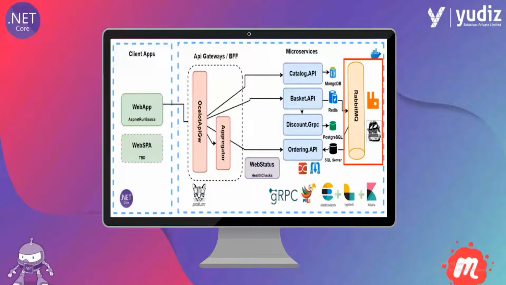From the image you can see we have an e-shop application, but we have different functionalities like catalog, basket APIs, discount, and ordering APIs. So we separate all our functionalities into different microservices, and they communicate with each other using lightweight protocols like gRPC, REST APIs, or Kafka.